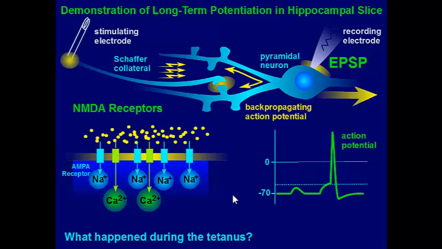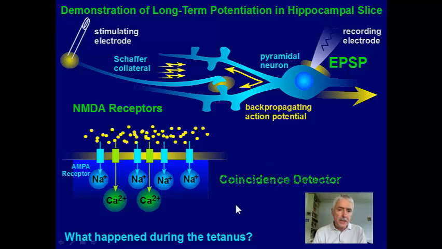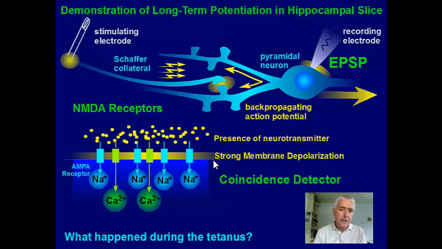The reason for this is that these receptors are so-called coincidence detectors. Two different events must occur in order for the NMDA receptor to activate. The first event is the presence of neurotransmitter. Well, it certainly is present here during a tetanus. In fact, there's high amounts. The second event is that there must be a strong membrane depolarization.